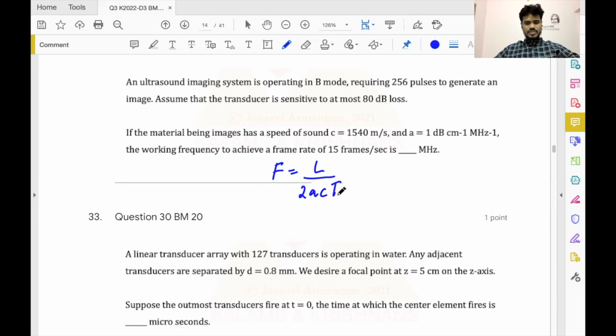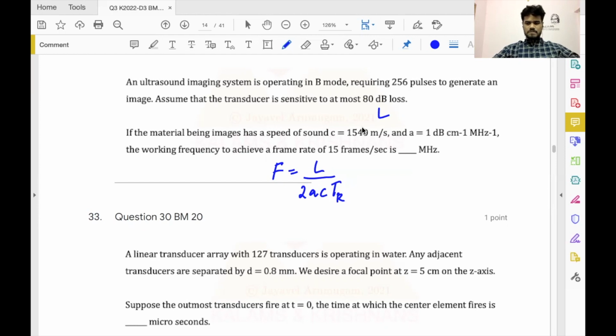Do we know all of this right now? Loss is given. Then what else? There is no N at all here, 256, and that doesn't show up in the formula.